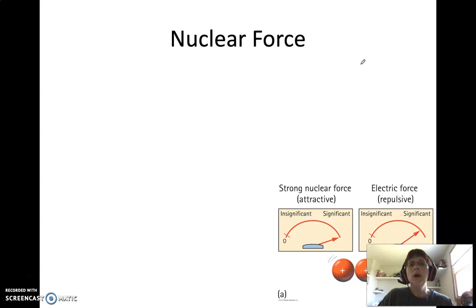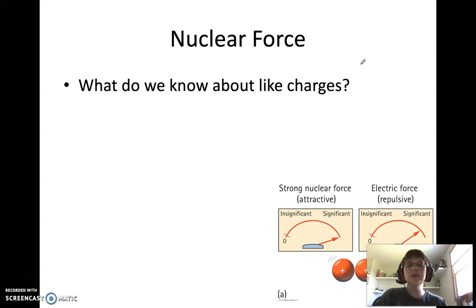So what is causing this radiation? What is causing radioactivity? Nuclear force. First, what do we know about like charges? What do you know about positive charges and negative charges in things like atoms? We know that they normally will repel each other. If you bring 2 positive charges together, they're going to repel.